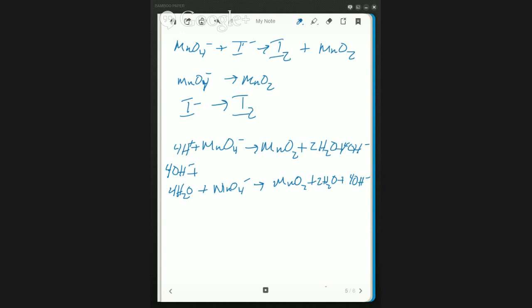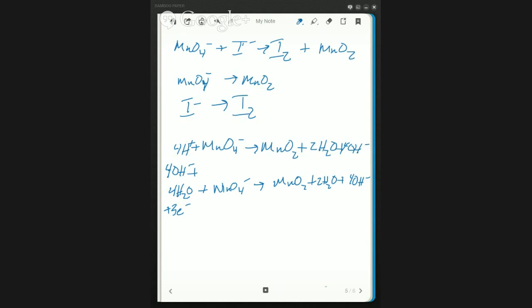What I'm going to do is add electrons to the side that's more positive so that I can get it to equal out. In this case, what's the only way to do that? I have -1, -4. That means I need to add 3 more electrons to this side. So, plus 3e minus. This will allow me to balance out my charge overall.